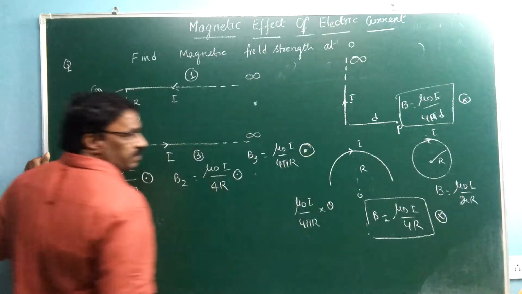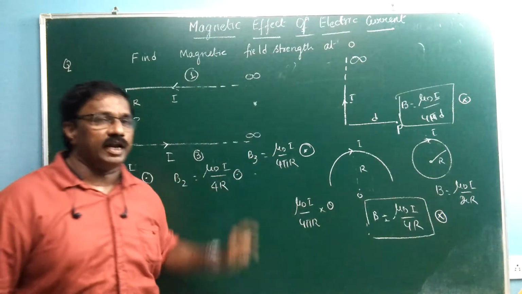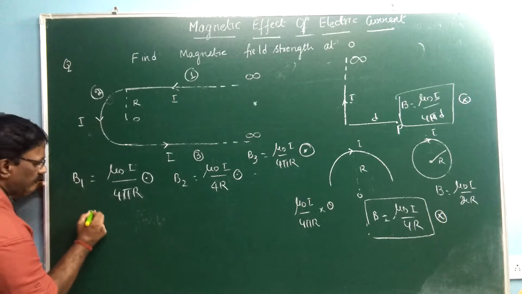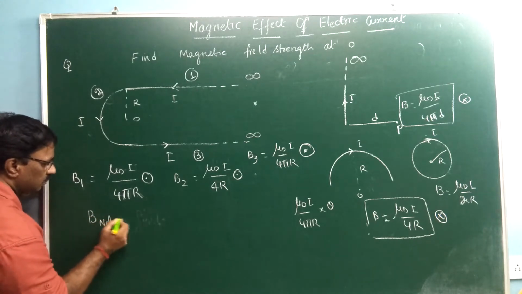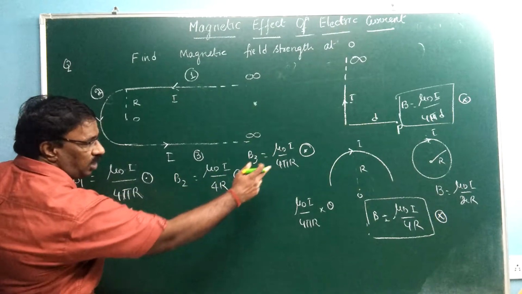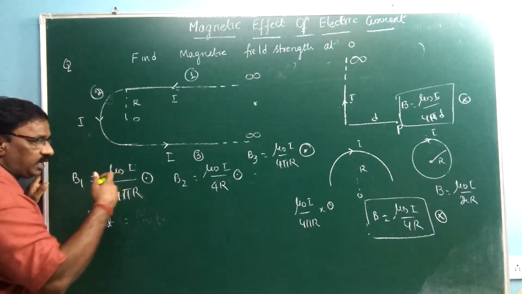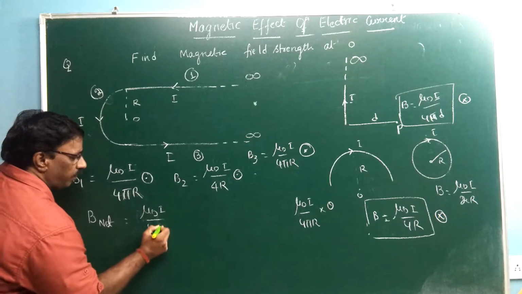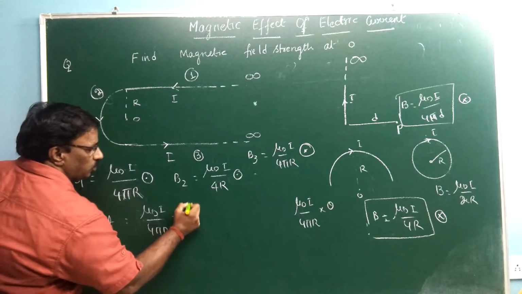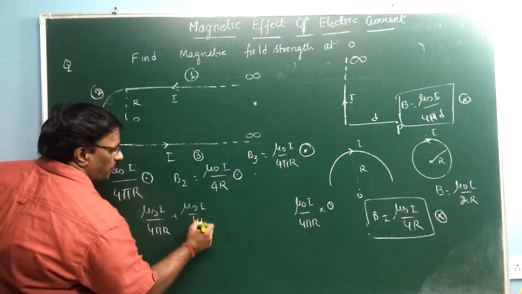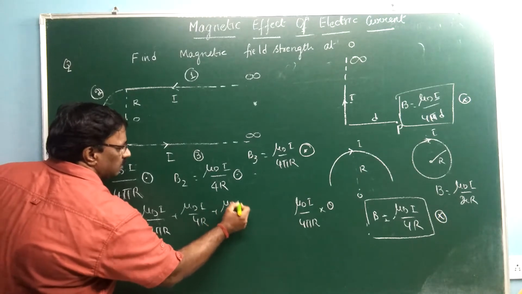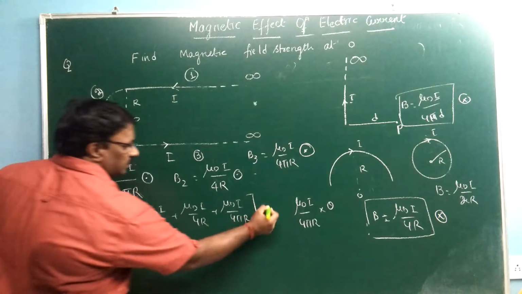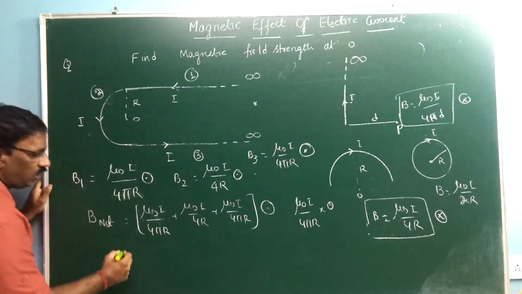Direction: out. Since all the magnetic fields are directed outwards, we can add them directly. So what is B net? There is no change in direction because all are directed in the same manner. So mu naught I by 4 pi R plus mu naught I by 4R plus mu naught I by 4 pi R, direction out. What can I take common here?